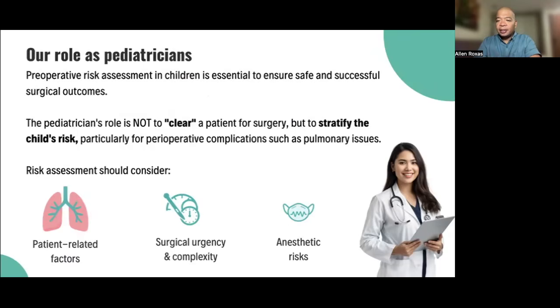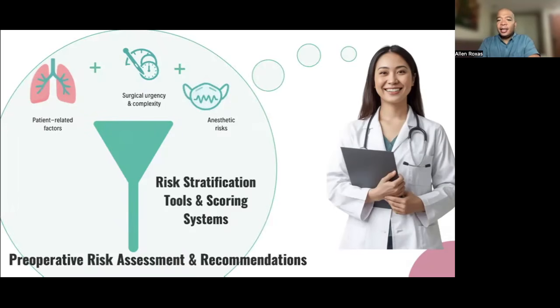The three main domains that we should deeply look into would be the patient-related factors, the surgical factors, and the anesthetic risk. Clinical judgment remains the foundation of assessment. That is why we consider these three important factors: the patient factors, procedural factors, and the anesthetic factors.